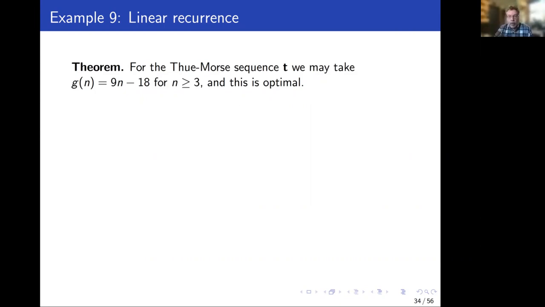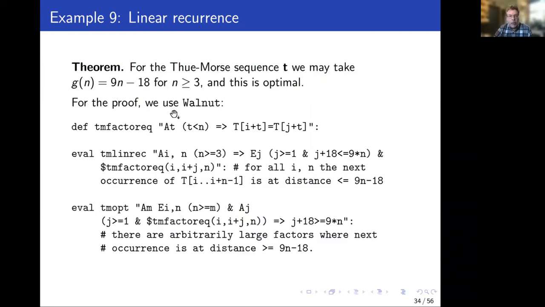All right, so anyway, here's the proof with Walnut that this 9n minus 18 is optimal. It says, for all I and n, the next occurrence of the factor is at distance less than or equal to 9n minus 18. Instead of writing 9n minus 18, I wrote j plus 18 less than or equal to 9n.